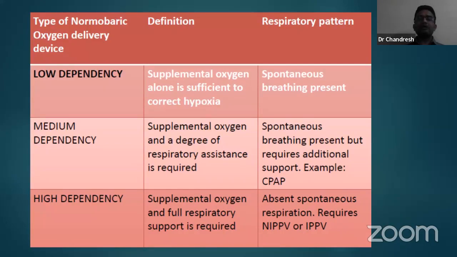A patient on CPAP or BiPAP might be breathing on their own, but they might not have enough strength to breathe, and that's why additional support is required to relieve respiratory distress. A patient who requires high dependency means supplemental oxygen along with full respiratory support, like IPPV, invasive positive pressure ventilation. Next.